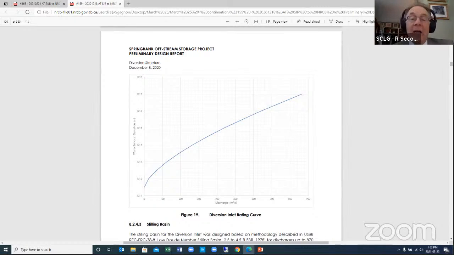Has the impact of the bridge been accounted for in the analysis? Yes. And what was the anticipated reduction in intake flows as a result of adding the access bridge to the design?